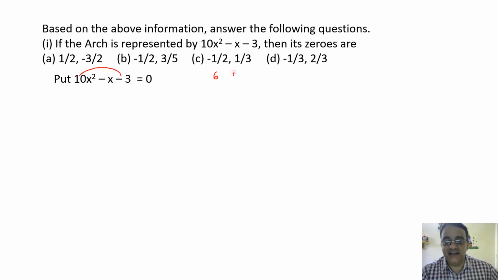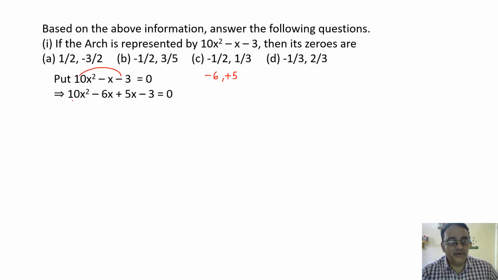Now the sign of the sum is minus, so we make the bigger number negative and the other number has the opposite sign. So now if you split, you will get -6x + 5x.